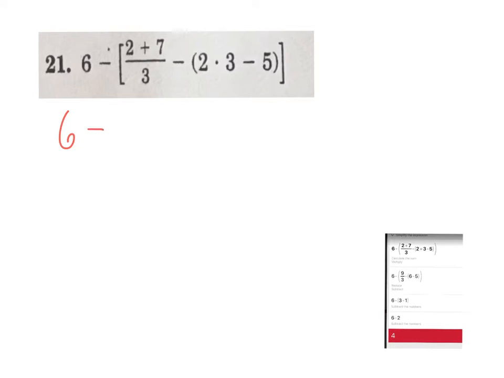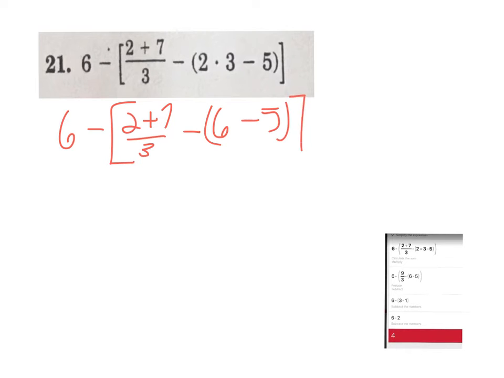6 minus, bracket, 2 plus 7 divided by 3 minus, again, 2 times 3 we said is the number 6. Bring down the minus 5. We're going to leave that inside of those parentheses. I'm going to finish off those parentheses, so minus, bring down 2 plus 7 over 3.